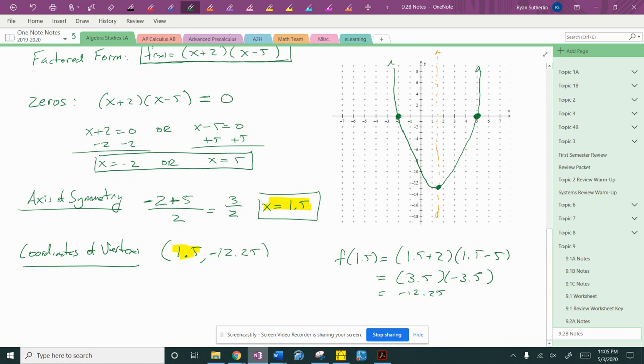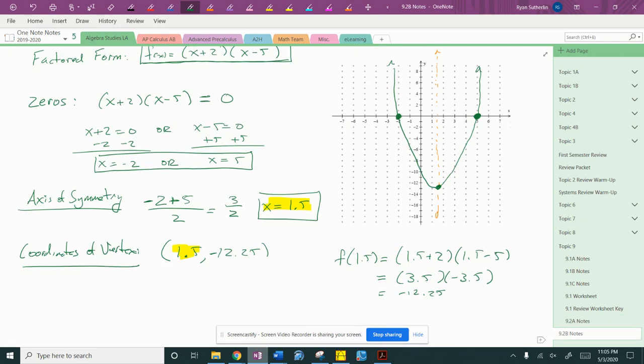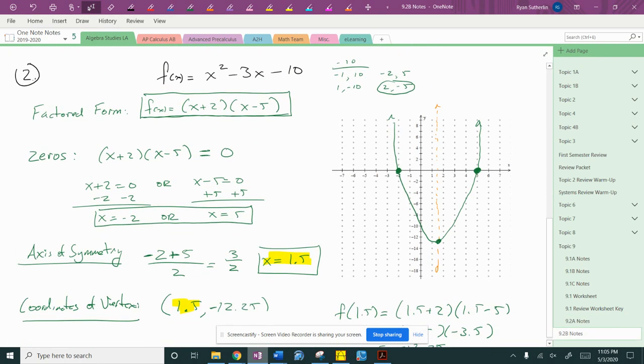So last class, let me go back to the notes here, we worked on finding the zeros of a quadratic by factoring. What we're doing today is giving you a quadratic in standard form, factoring it, and using what we did last time: finding the zeros means I set that equal to 0 and find my x-intercepts.